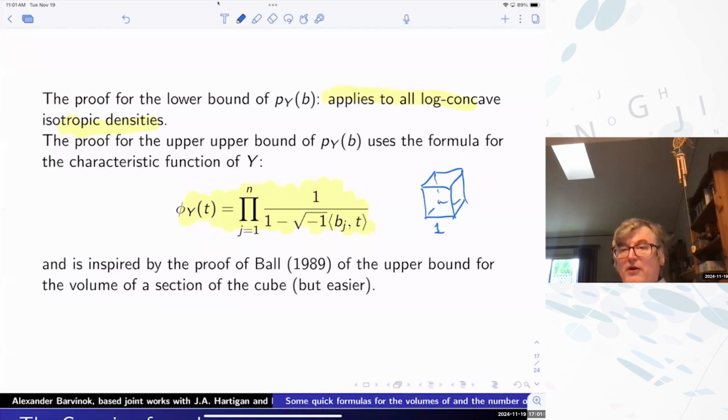It's interesting to compare what different audiences are interested in. So the question is, I have a cube of side 1 in dimension n. What's the largest volume of a hyperplane section? In the middle? Like perpendicular to the main diagonal?